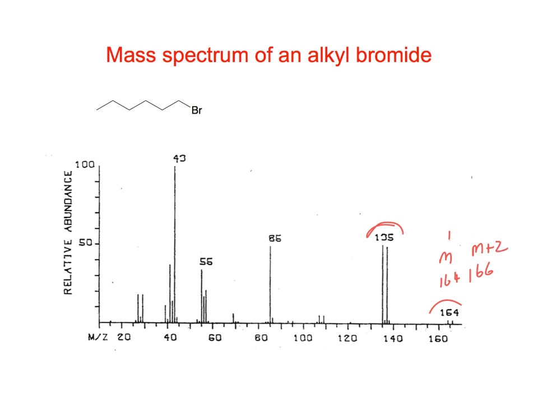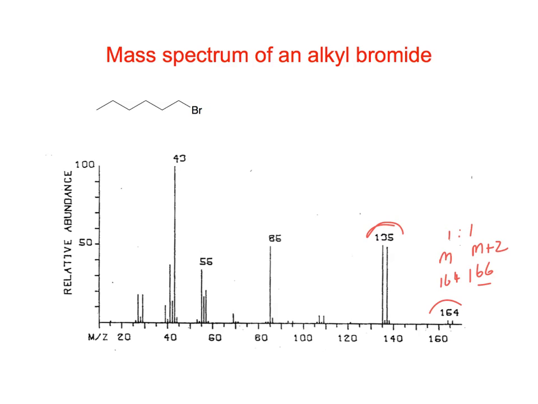And we see that these are in roughly a 1-to-1 ratio, and so that tells us that bromine is present in the molecule. Because a loss of 2 is not a common loss, right? So it would be uncommon that 166 was just the molecular ion and it's losing 2 to give 164, right? We can't see the 164 and 166 that well because it's low abundance, but all of that is the molecular ion.